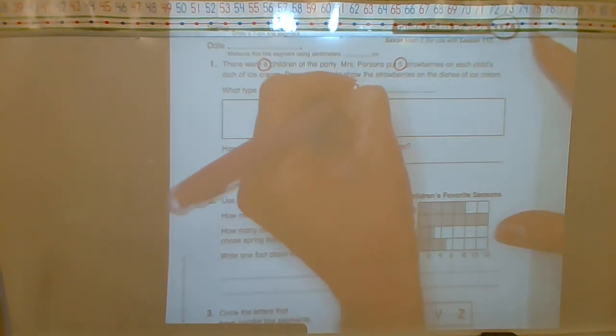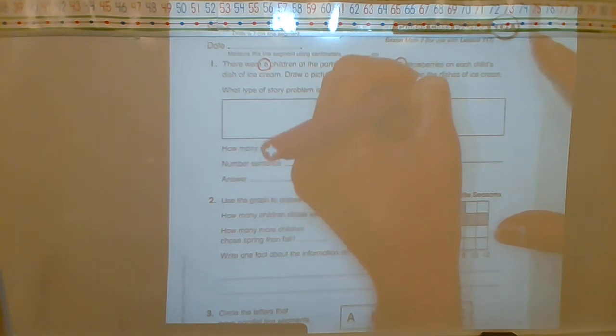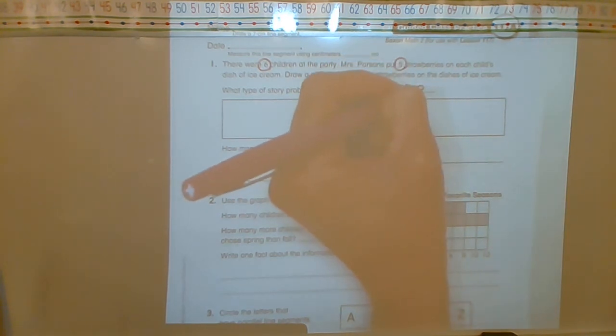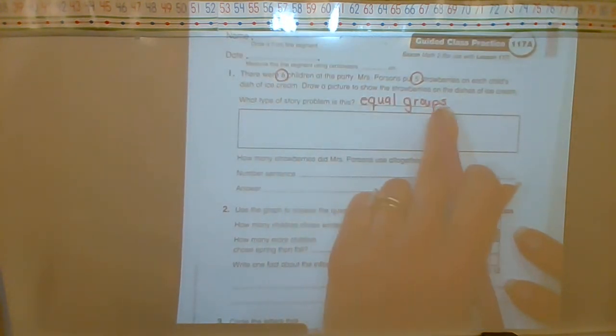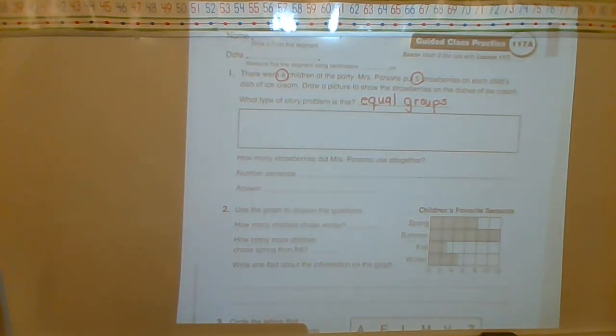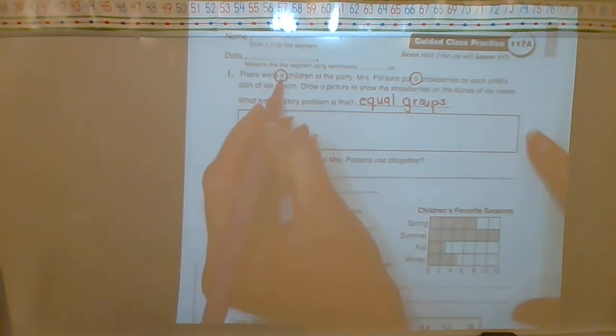This is called equal group. Okay, and maybe we can just write equal groups, because we have more than one group, so we need a suffix s, equal groups. Okay, that's the story problem, which means we can use our multiplication. So I'm going to draw how many dishes?